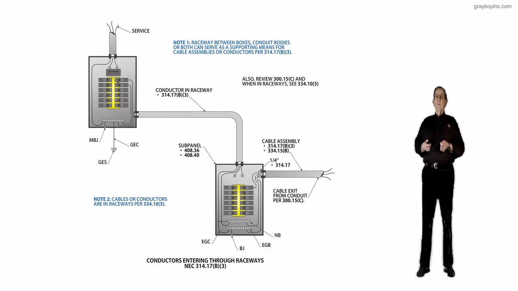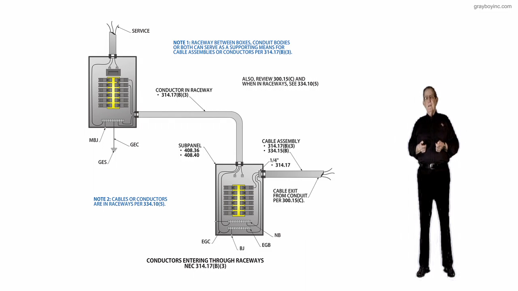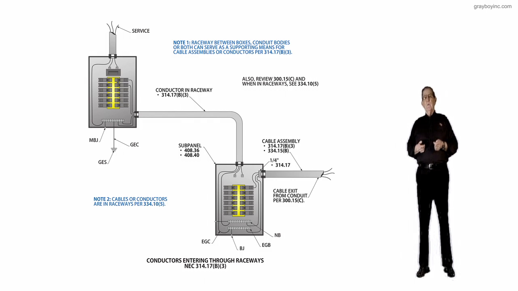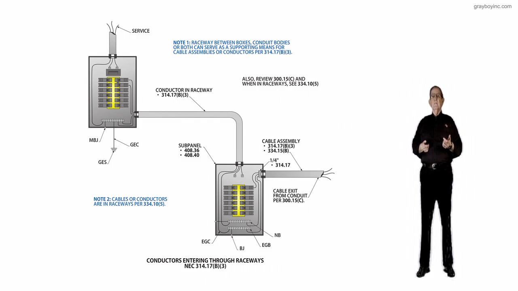And you can always refer to the table of contents at the very front of the code, go to chapter 3, and all of your different wiring methods are listed there, identifying the article that pertains to your particular cable. And it will refer you to the page number to pick that particular wiring method up.